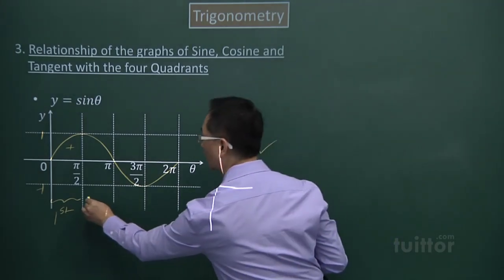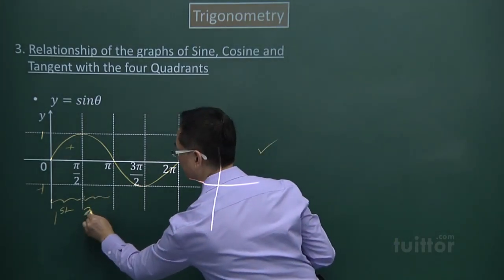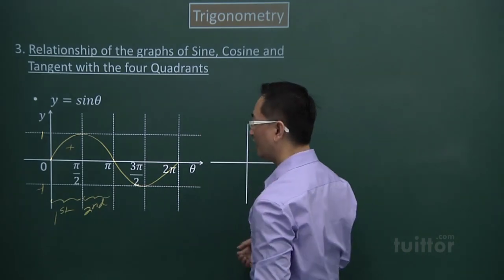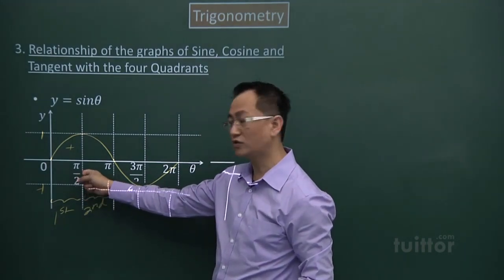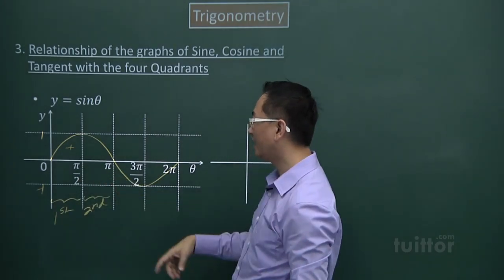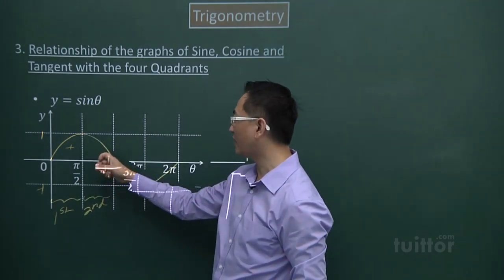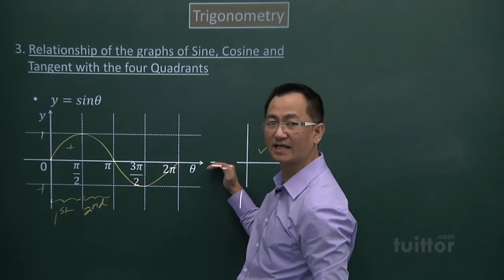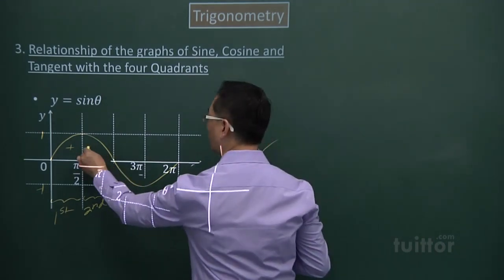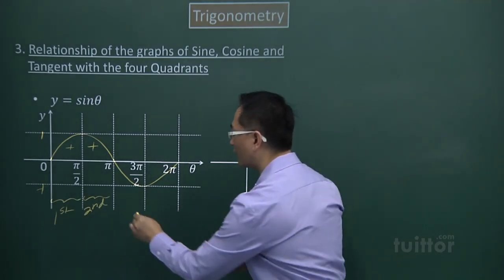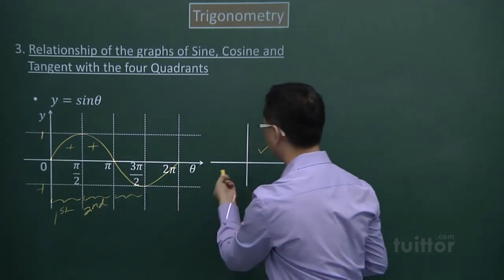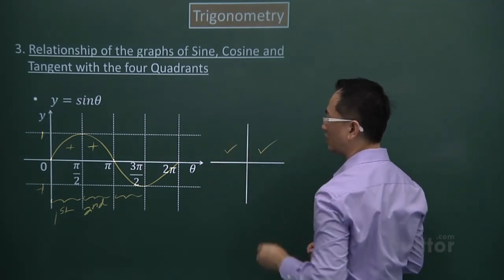In the second quadrant, the range of angle is from pi on 2 to pi. Again, you look at the graph, it is above the theta axis. So the y value is positive. Going into the third quadrant, so second quadrant, positive.